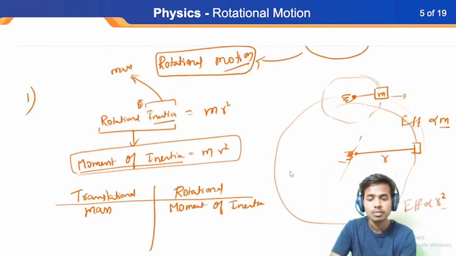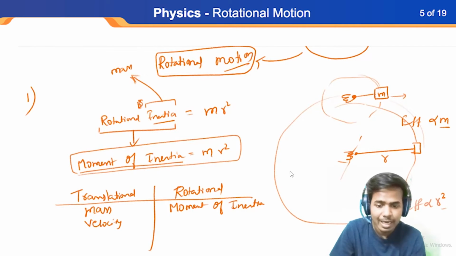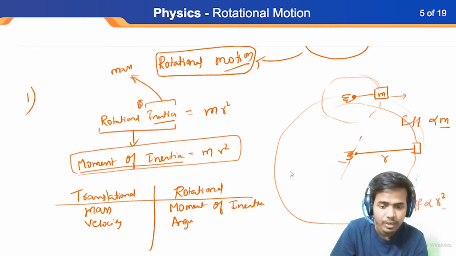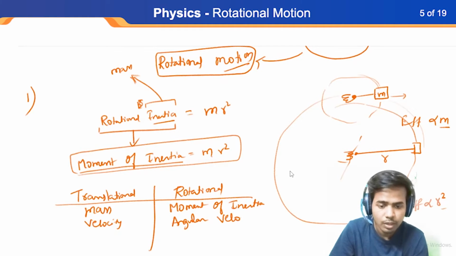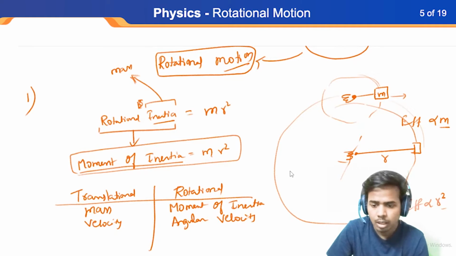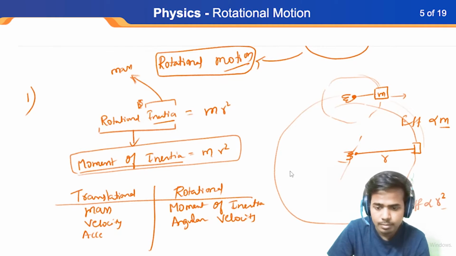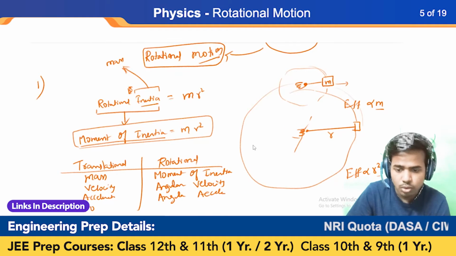In translational motion we always had velocity, but here we have angular velocity. I will define what it is. I'm just listing them right now: angular velocity, maybe acceleration, angular acceleration, maybe force.